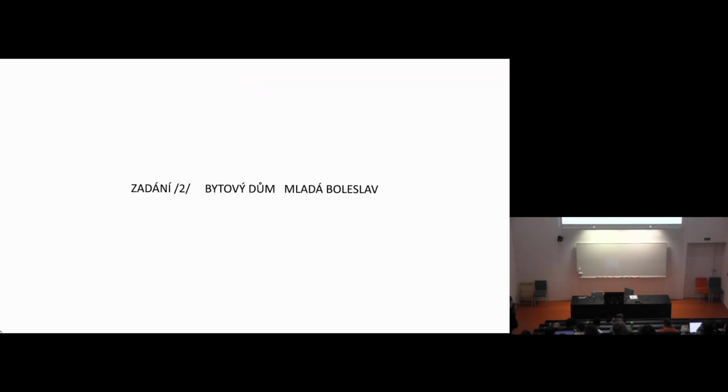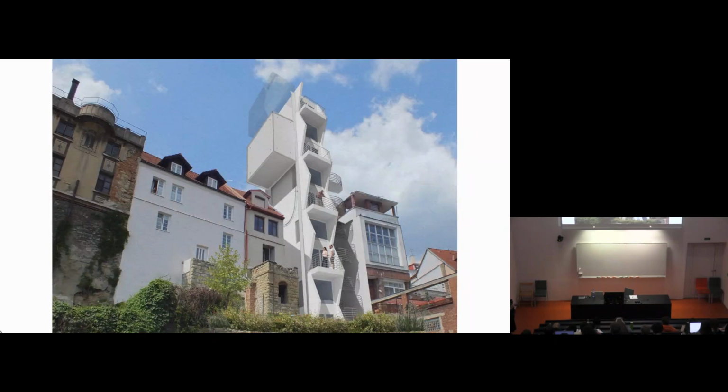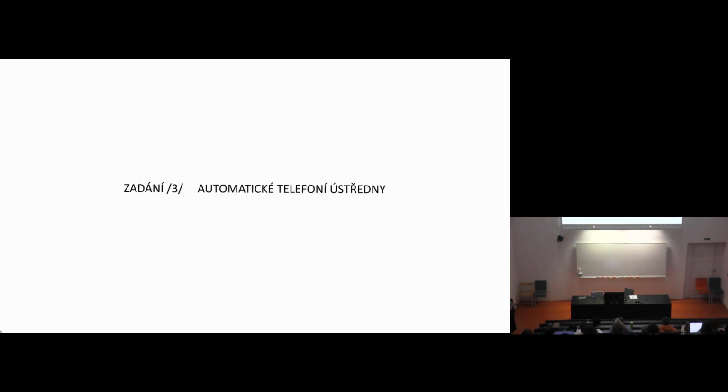The other one is housing estate, block of flats in Mladá Boleslav, which is a central Bohemian town. And the third one, I'm not sure, is about a telephone station.